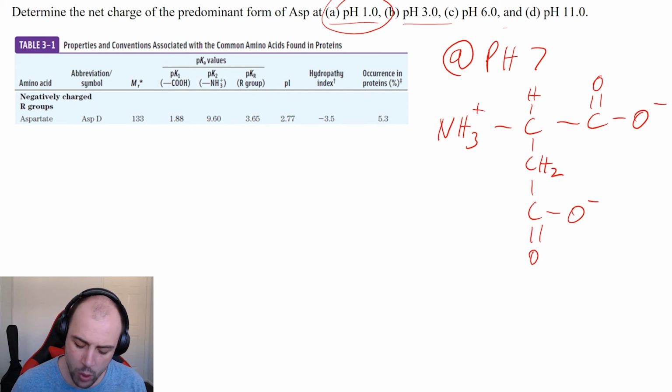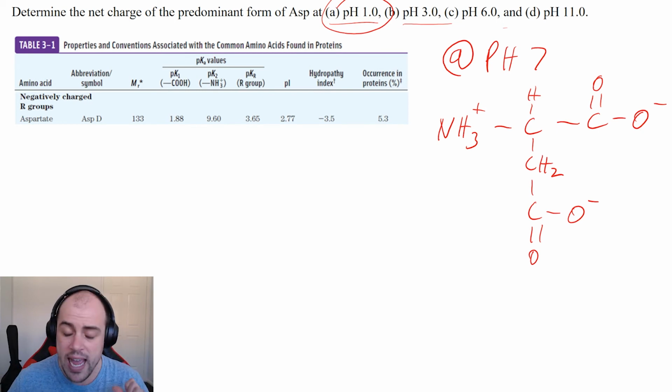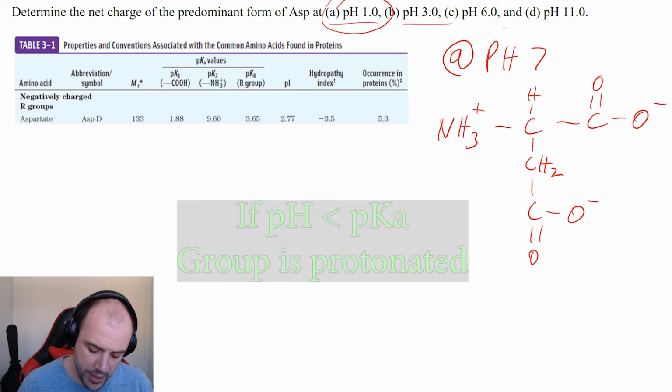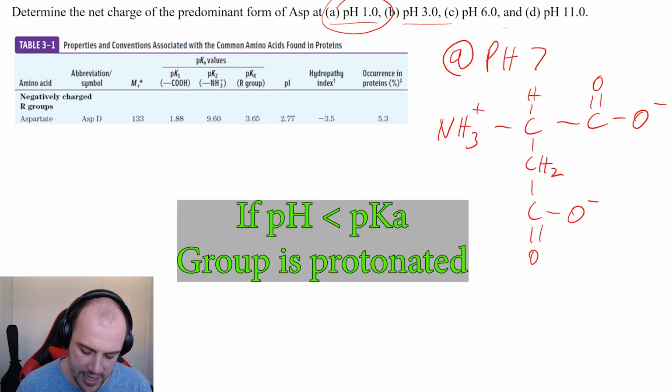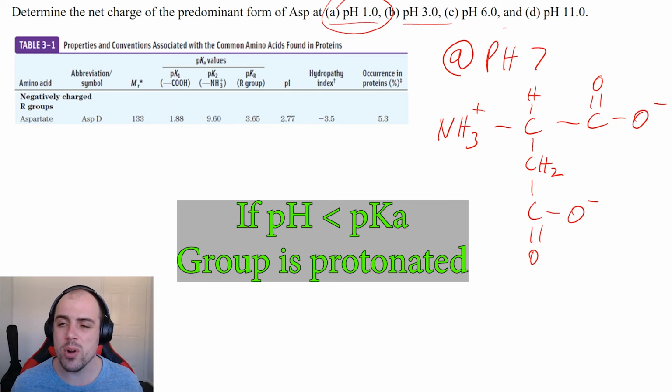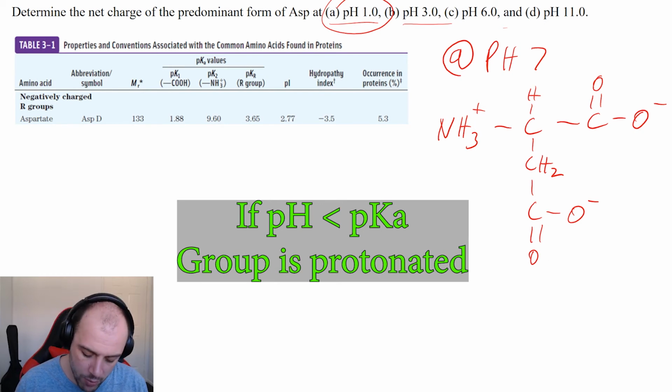Now, if we want to be quite technical in terms of what is actually happening here, it would be a partial dissociation, but we're not going to go into that. Seeing as we're just starting with a lot of this stuff, I want you to make a couple of assumptions. The first one is, if the pH is less than the pKa, so in other words, the environment is more acidic than the pKa, then I want you to presume protonated.